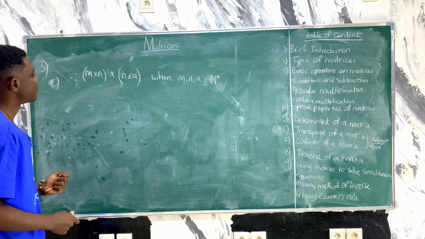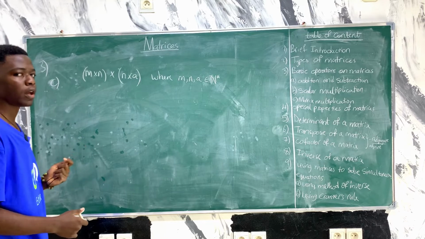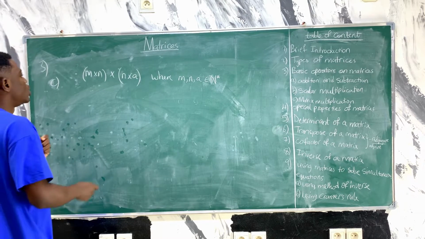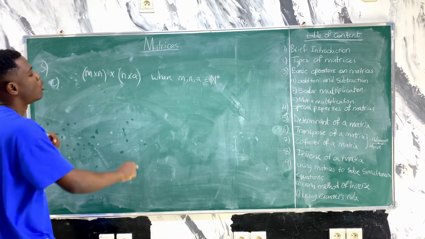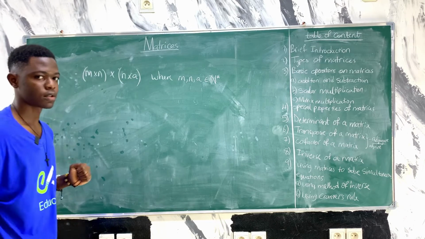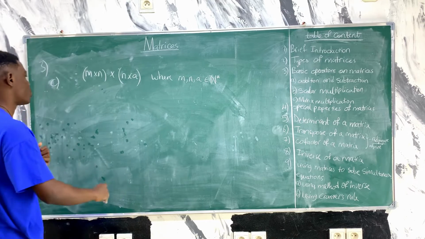So for you to be able to multiply matrices, the number of columns of the first matrix must be equal to the number of rows of the second matrix. Let's take an example.